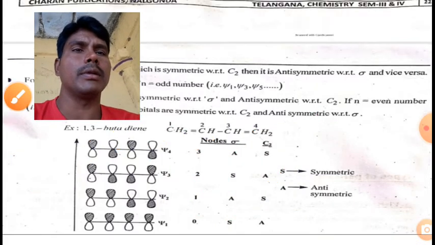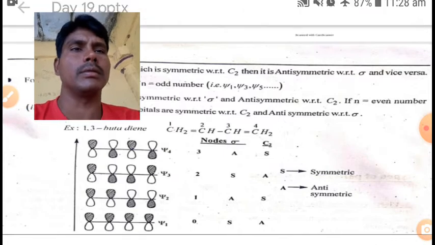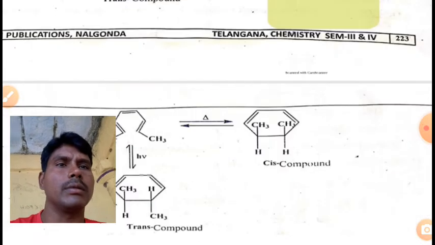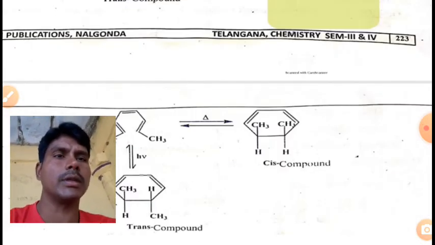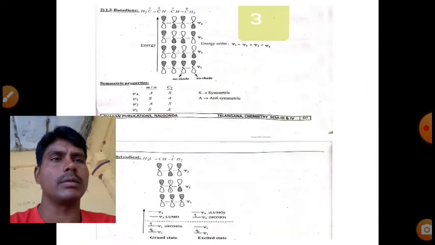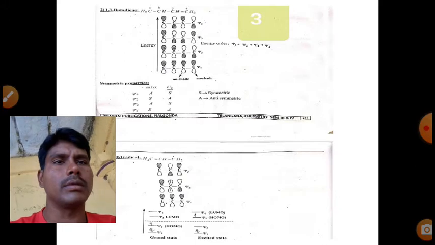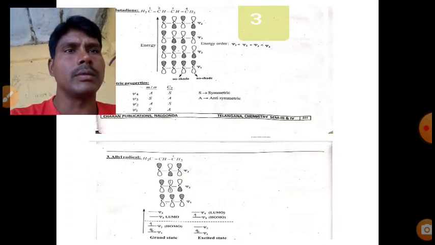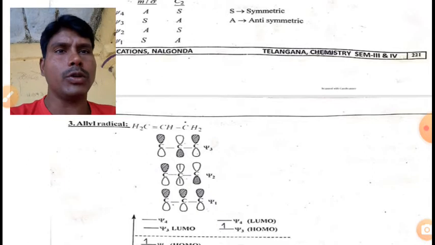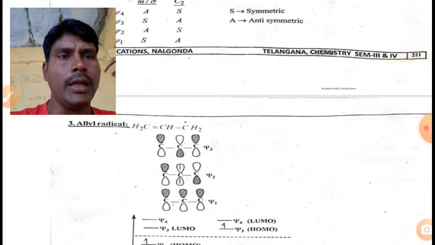For example, next one, this is 1,3-butadiene. Here the allyl radical. So 3 carbons are there in allyl, 3 atomic orbitals, so we get 3 molecular orbitals: psi1, psi2, psi3.